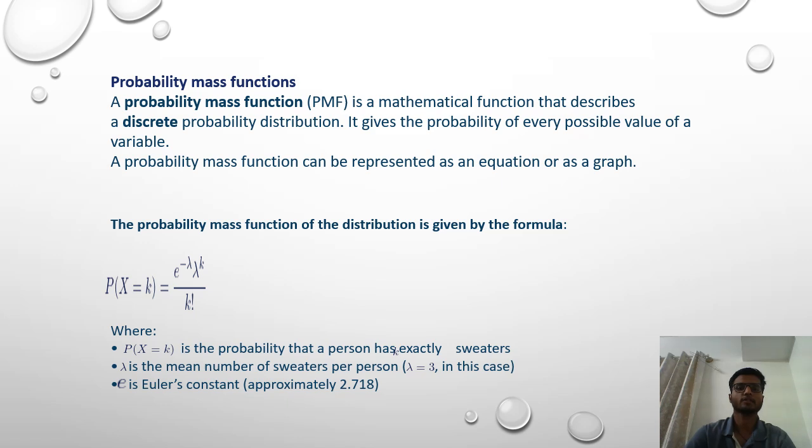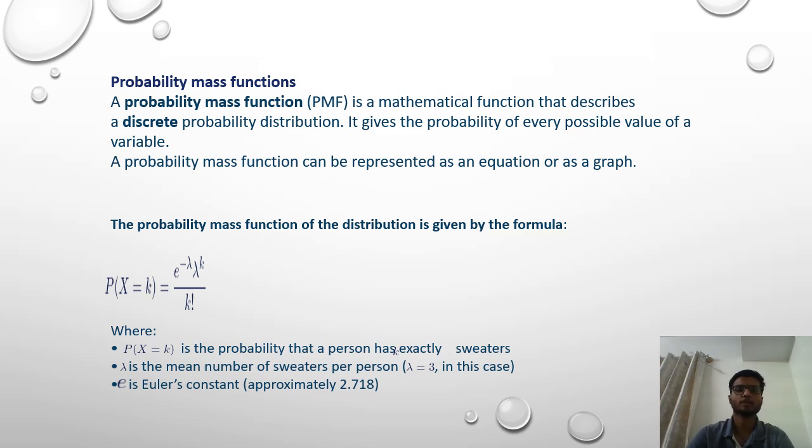Probability mass functions. A probability mass function, PMF, is a mathematical function that describes a discrete probability distribution. It gives the probability of every possible value of a variable. A probability mass function can be represented as an equation or as a graph.